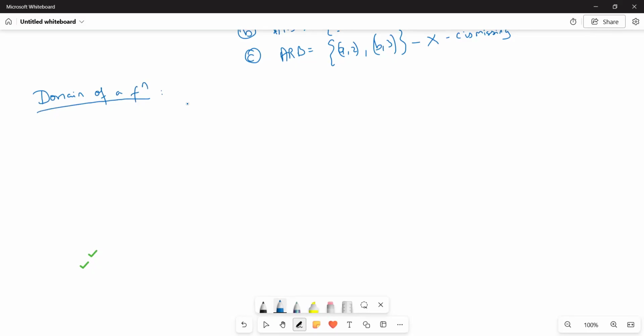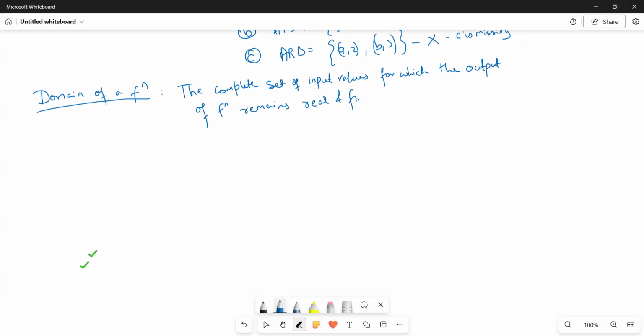Next, domain of a function. So domain of the function is the complete set of input values for which the output of the function remains real and finite. ये condition होता है domain के लिए, ठीक है?